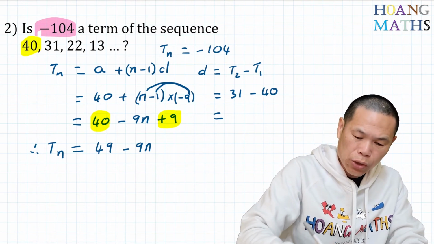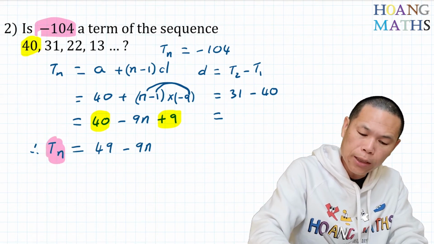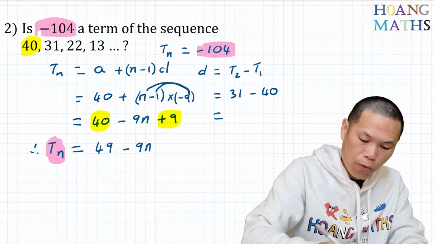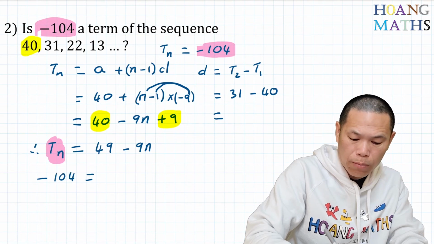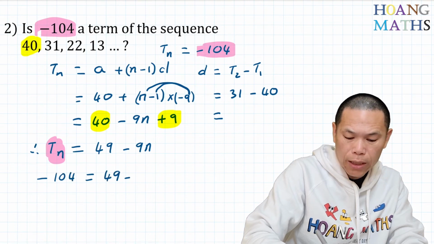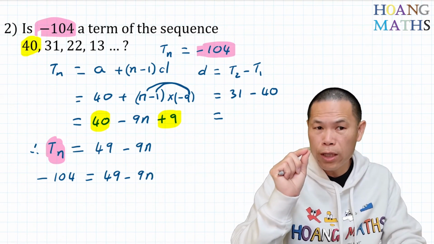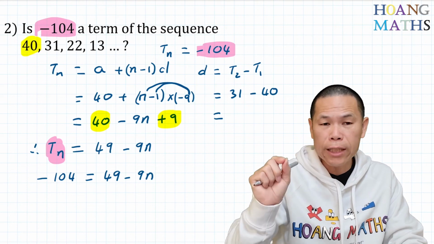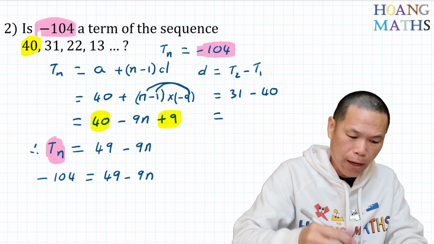Now I just substitute. I know that t of n is equal to this. So negative 104 equals 49 minus 9n. To solve this more easily, I move the negative 9n to the other side and negative 104 to the right-hand side.